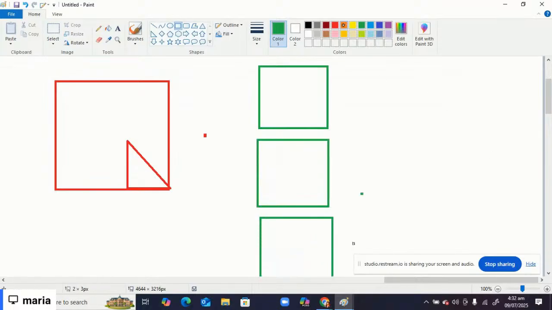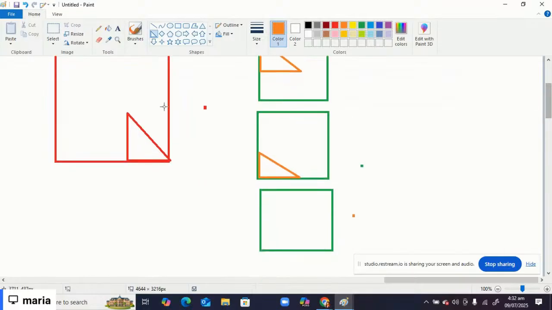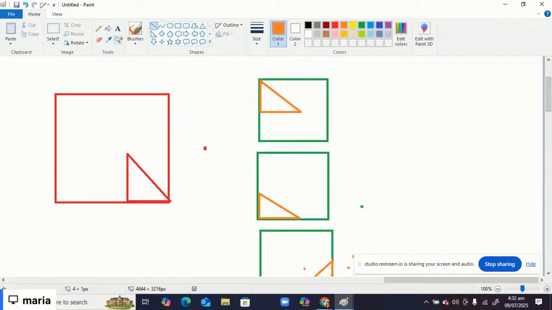Okay, and the first figure they are going to draw here. Then it's here, and then it's like in this way, like in this way.